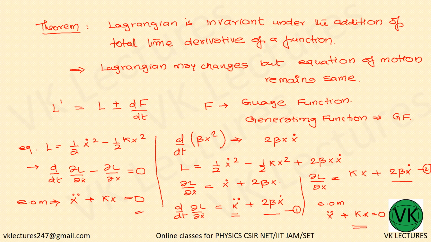So even though the Lagrangian has changed, because we have added this particular term, the equation of motion remains the same. So this is called the gauge function or generating function, which is being added. So what is the gauge function? The gauge function will be the integration of whatever we are going to add.